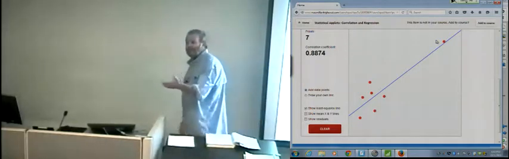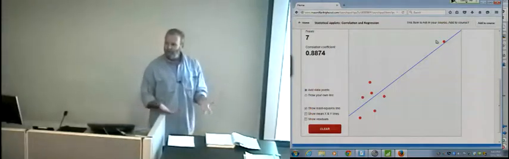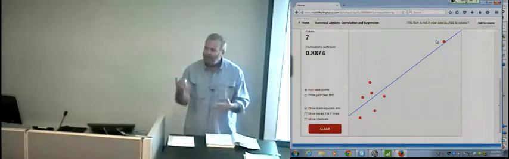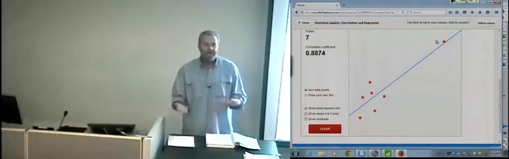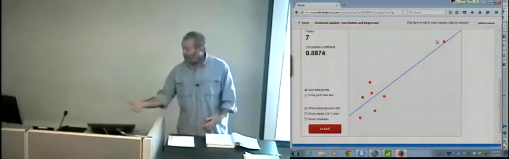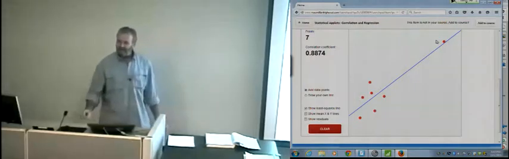You remember when I just told you that if everything depends on 1 point, then it's probably useless? Did you see it go from 0.29 to 0.88 by me putting that 1 point on there? That 1 point is trying to tell you things look more linear based off of that 1 point. Yeah? So is that point there influential for correlation? Yeah. What about the regression line? It didn't move much.